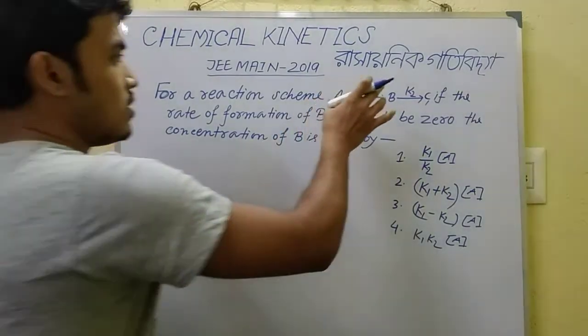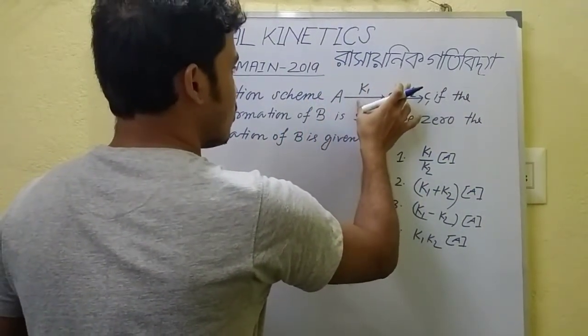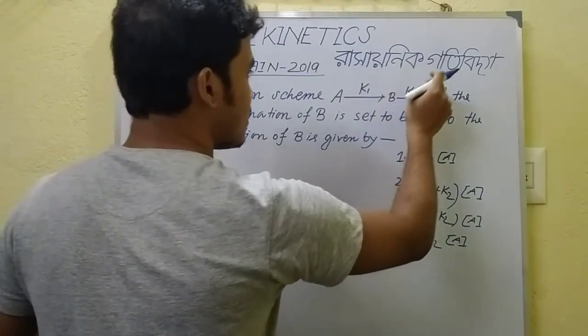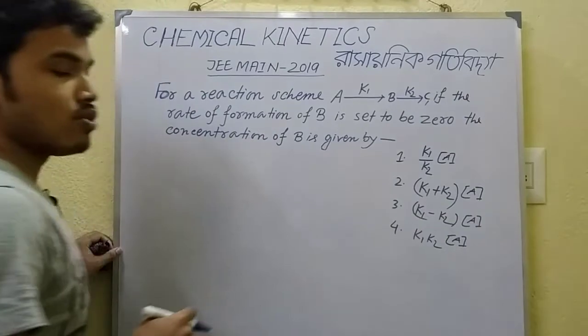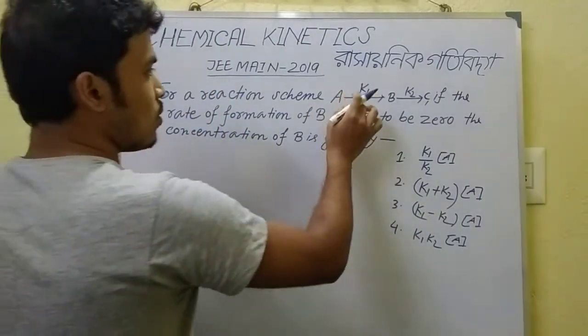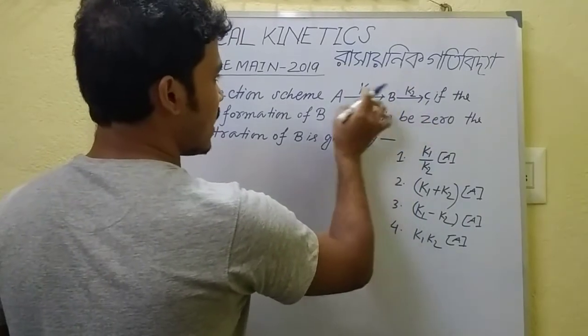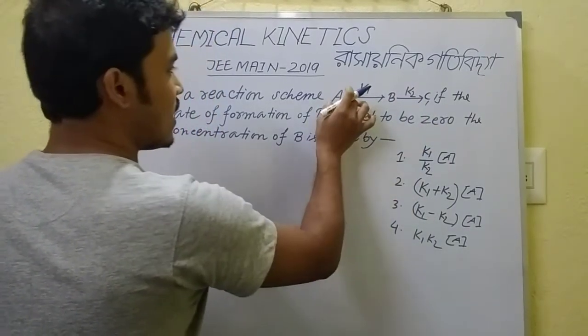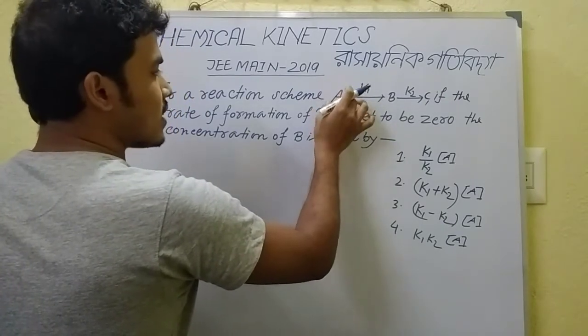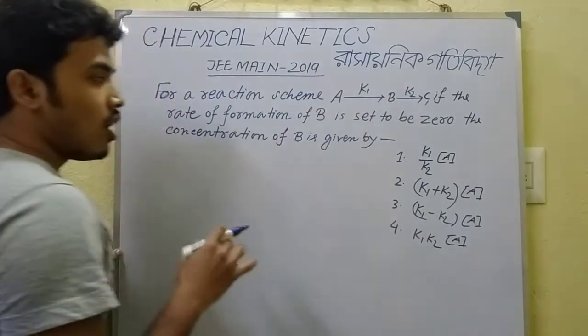Look, this type of equation means the formation of B, and again from B the C is produced. So this is called a consecutive reaction. Okay, so first I consider the formation of B and disappearance of A. So A is the first reactant. If we write the rate of reaction in terms of A and B, how will it look?